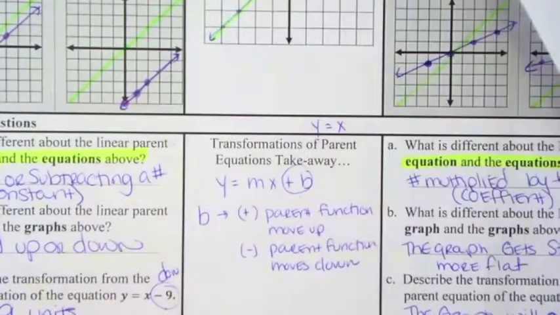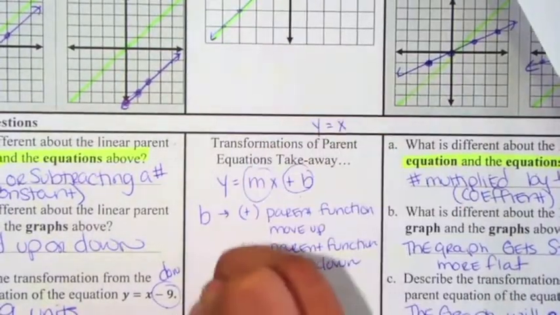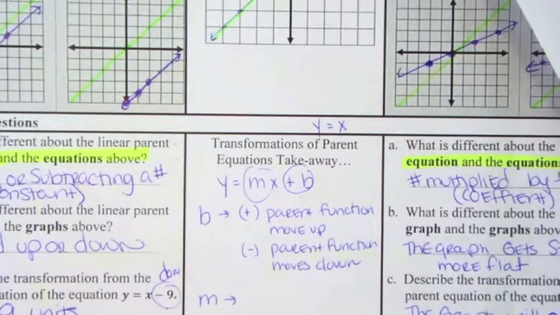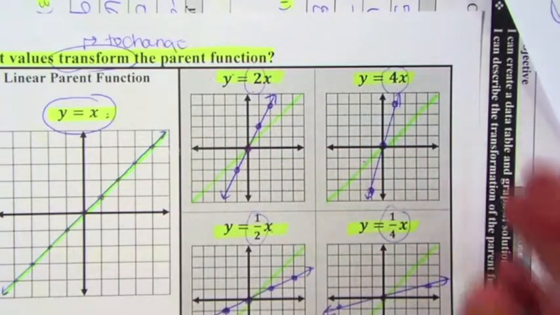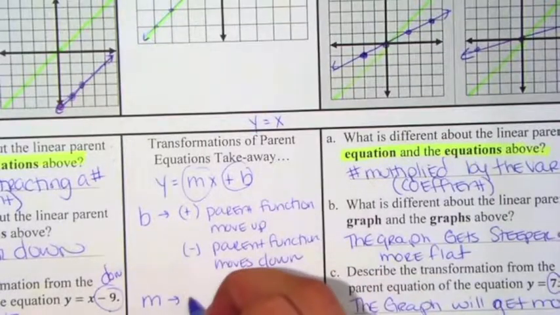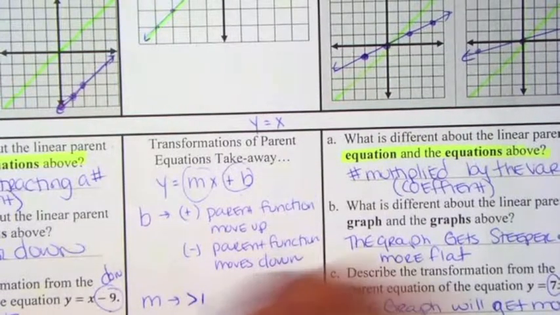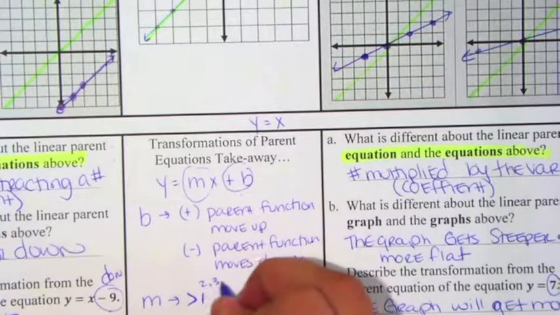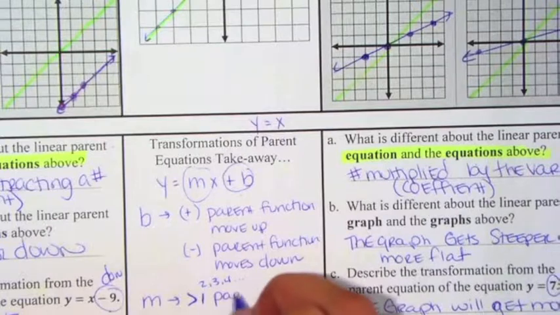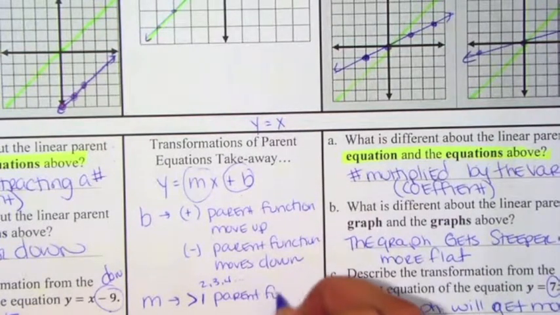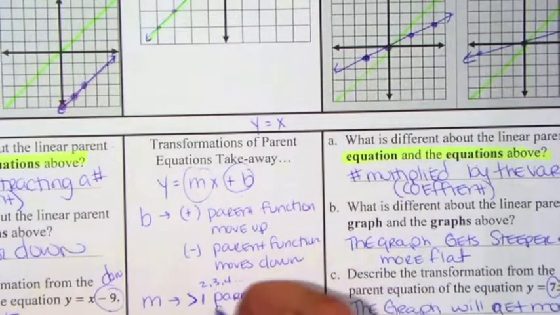Okay? So to summarize this, that was dealing with the m, which is the coefficient of the x. And as you notice here, when we have a whole number or a number that's greater than 1, like 2, 3, 4, it gets steeper and steeper and steeper. Then the parent function gets steeper.